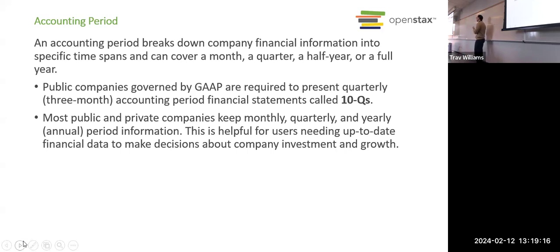That includes their financial statements for that 3-month period. Okay, and 3 months is a quarter of a year. So in the business world, they usually just refer to a quarter, meaning 3 months. So your 10Q is your financial statements for the last 3-month period.